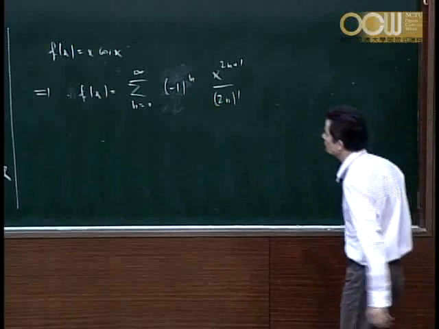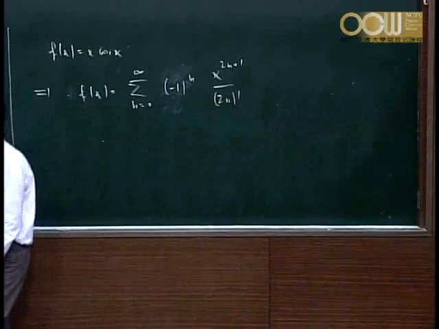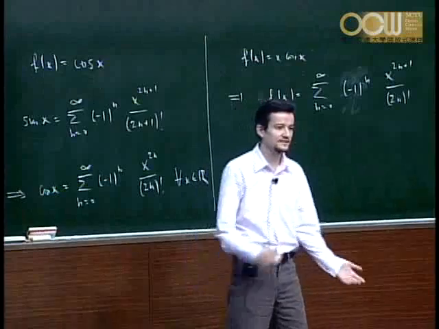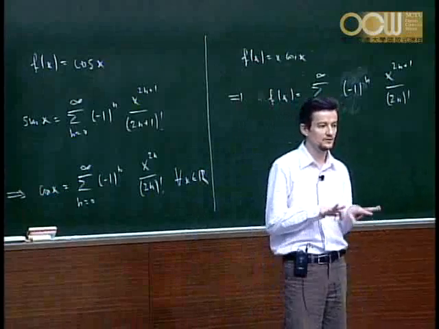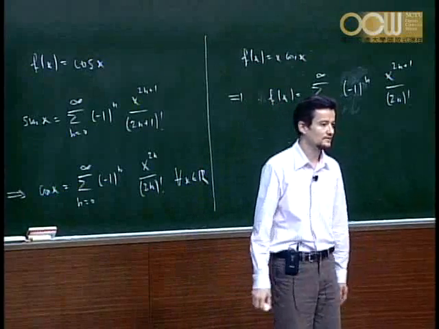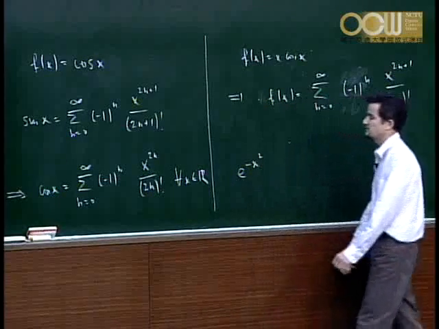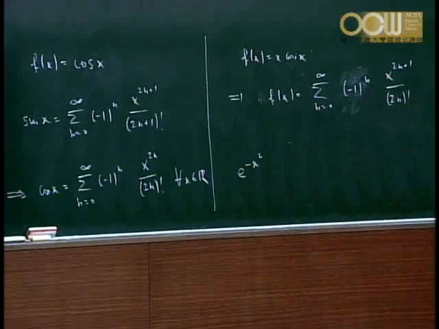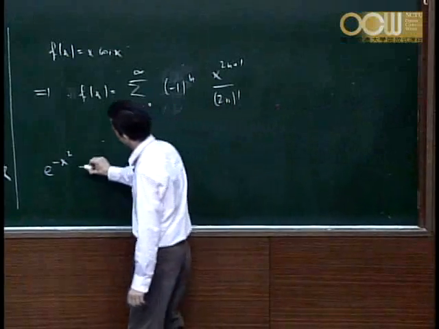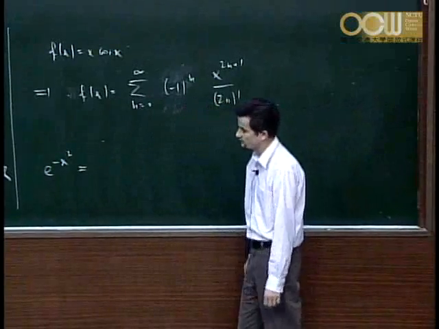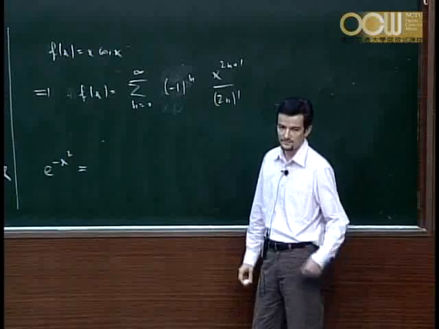So once you know already a lot about power series representations, things are getting easier and easier. You just build on what you know already. So for instance, also this function is now easy. If you want to find a power series representation for this function, we just take the one for e to the x and plug in minus x squared for x.